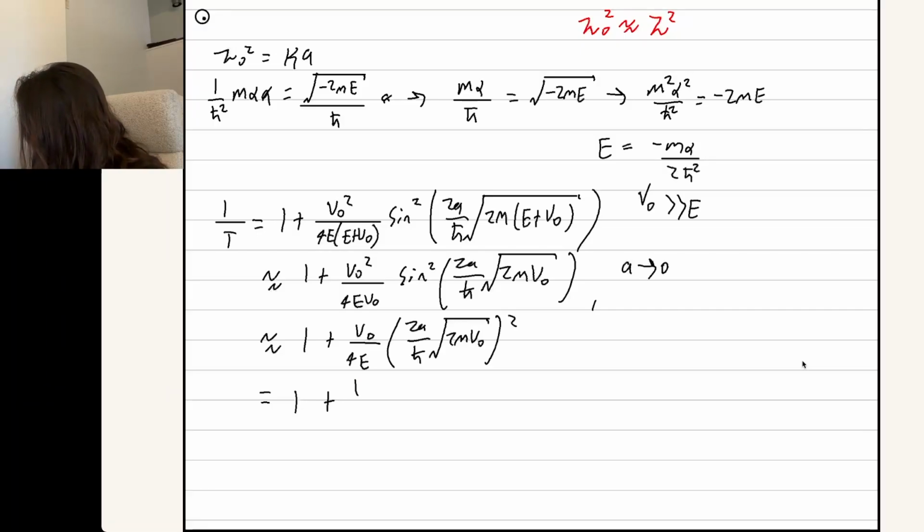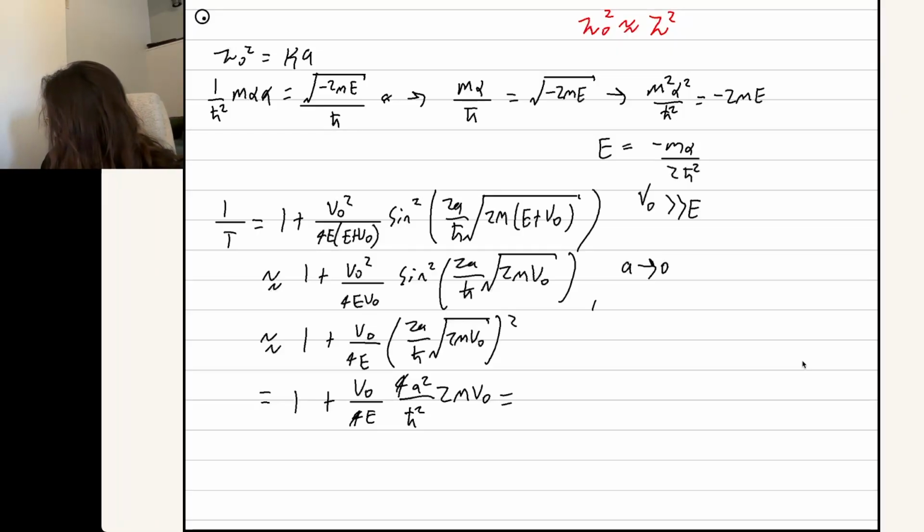And so actually doing that square, we get 1 plus V naught over 4E, and then this is going to be 4a squared over h bar squared, and this is 2m V naught. The 4's cancel out, but that's actually not that useful because we're just going to end up regrouping it like this. 1 plus m over 2E h bar squared times 2a V naught, squared, right?